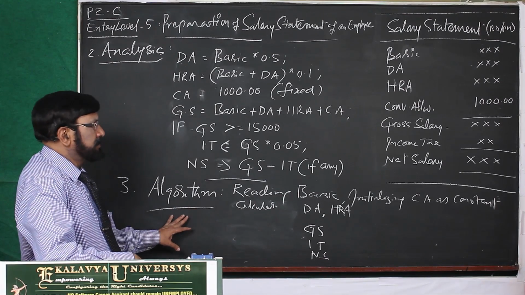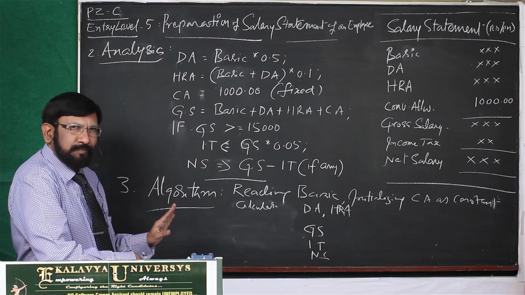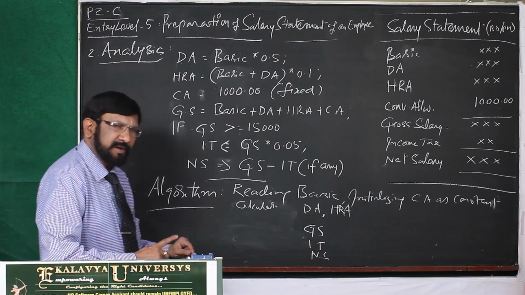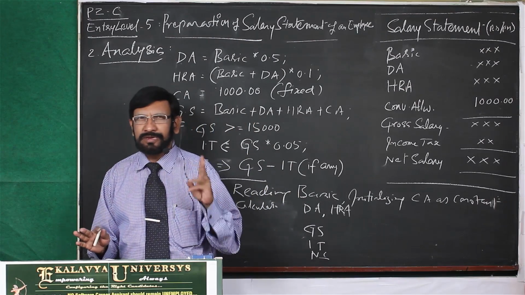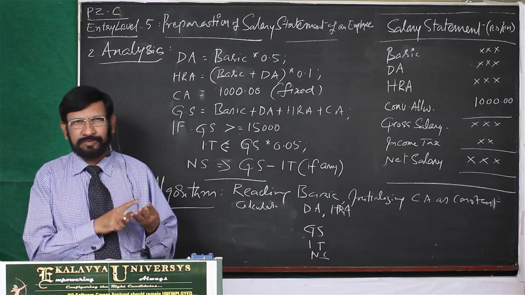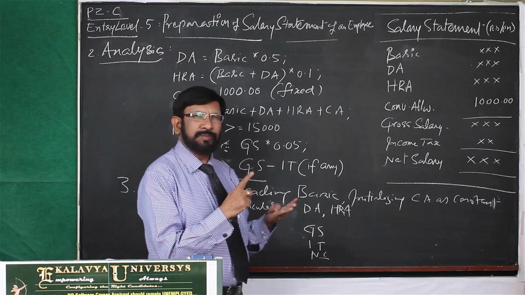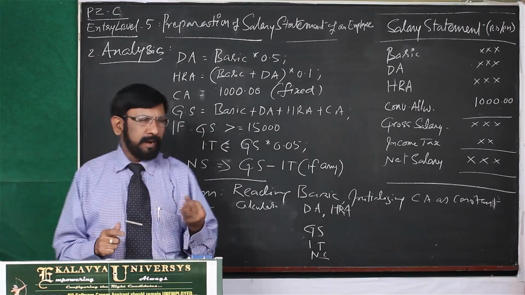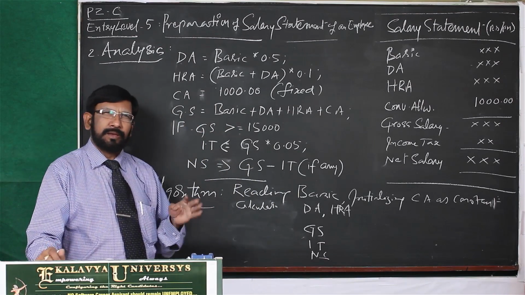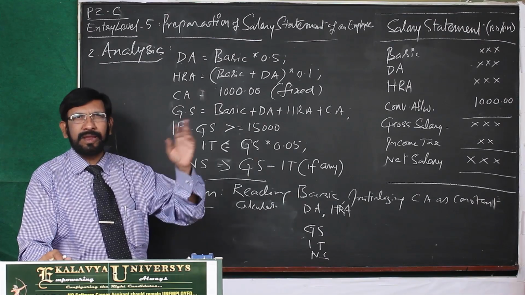This is the algorithm. Now, mentally we are clear about the problem. Once again I am telling you, so far we discussed 3 steps. The first one is task. Task means understanding the problem domain and solution domain. The second one is analysis, and the third one is algorithm. In these 3 steps, there is no role of language.